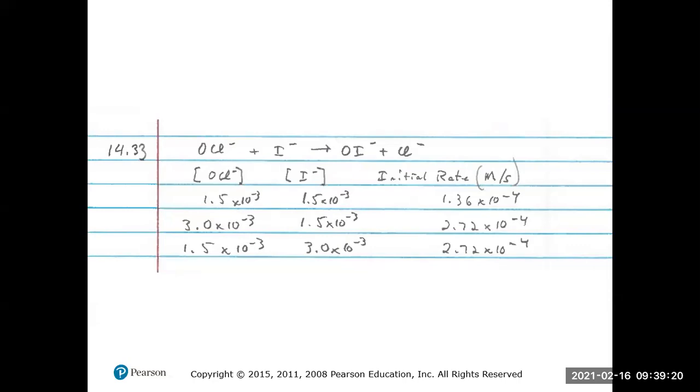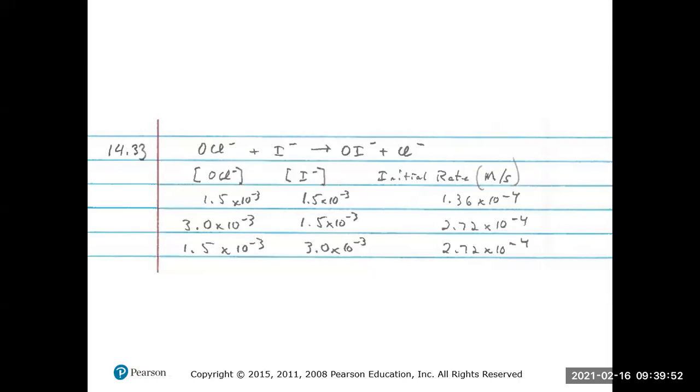The OCl⁻ concentration is varied: it went from 1.5 × 10⁻³ in the first experiment to 3 × 10⁻³ in the next, and the I⁻ was held constant at 1.5 × 10⁻³ molar. So we doubled the OCl⁻ concentration, held the I⁻ constant, and what do we see? Our rate increased by a factor of 2.